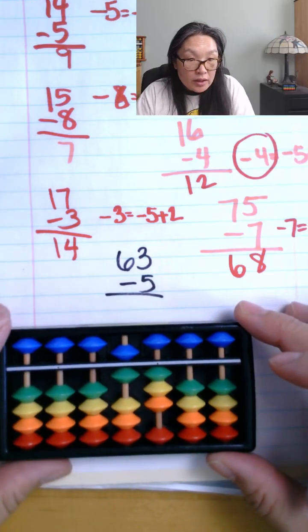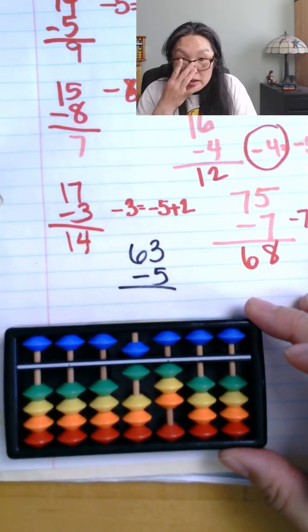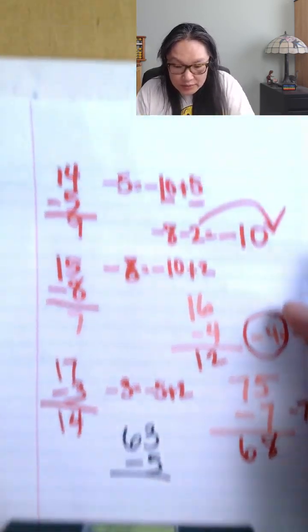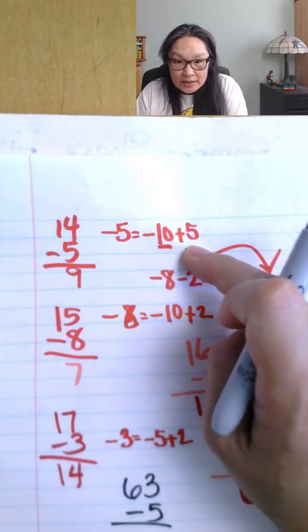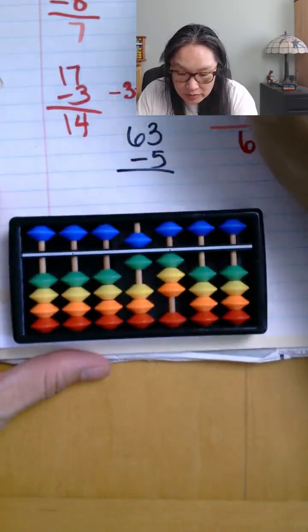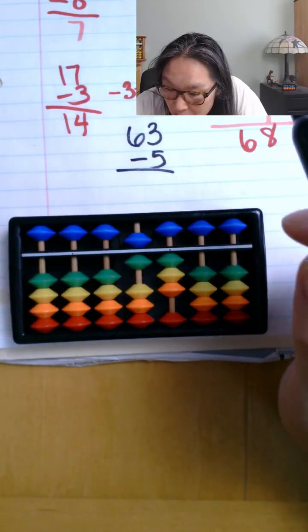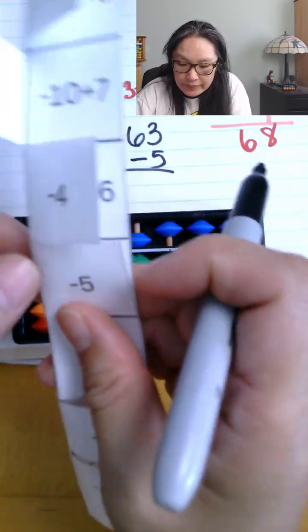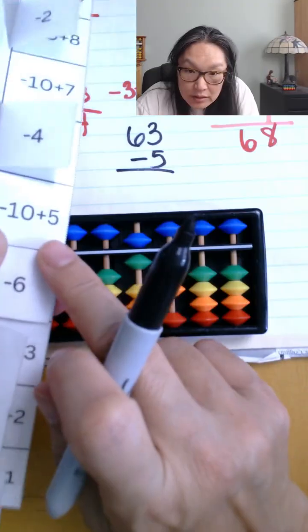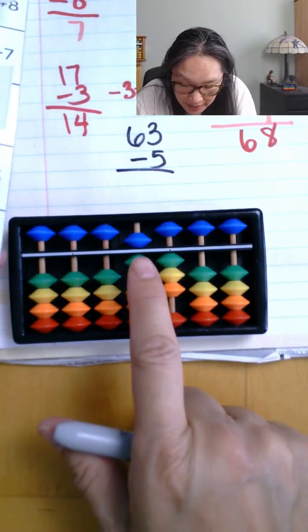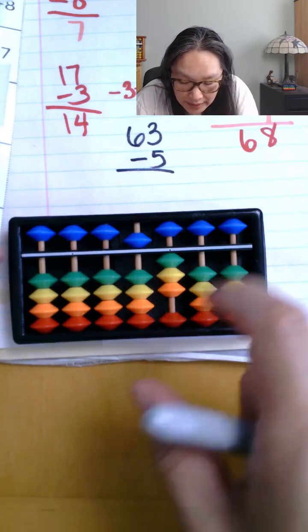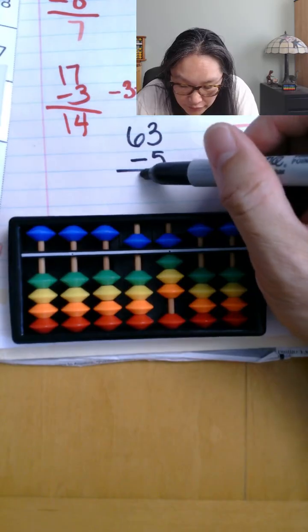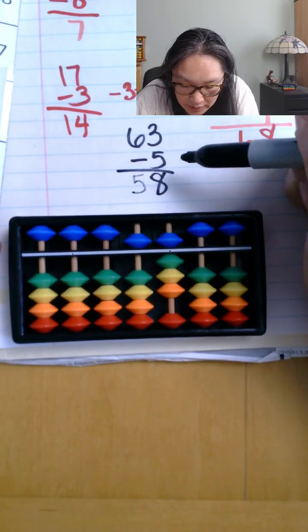So we have to take away the 5, just as we did up here: minus the 10 plus the 5. So we minus the 10 and we add the 5. So the answer is 58.